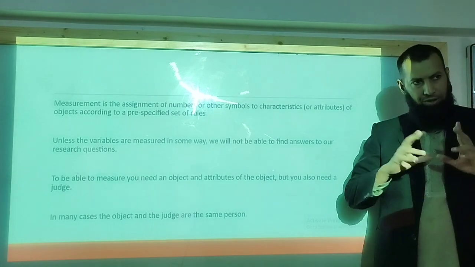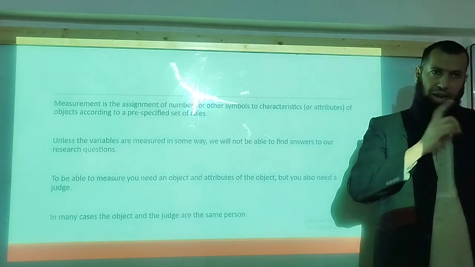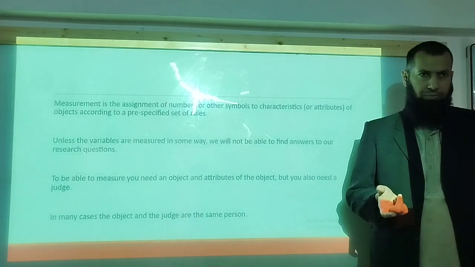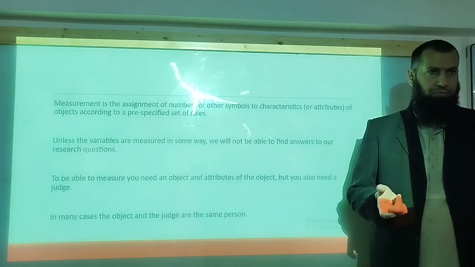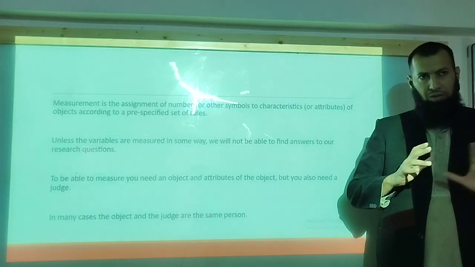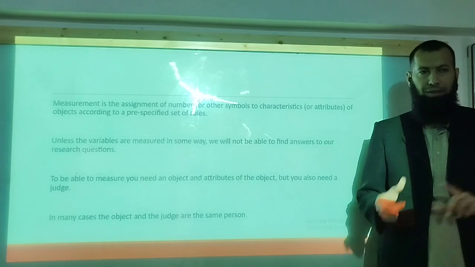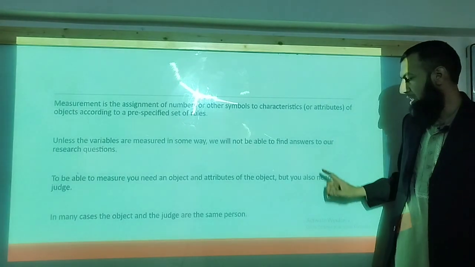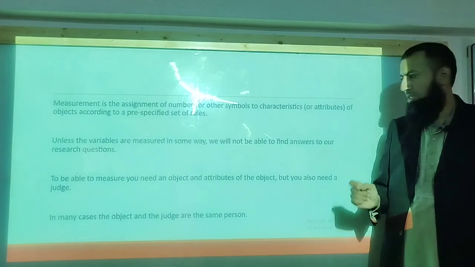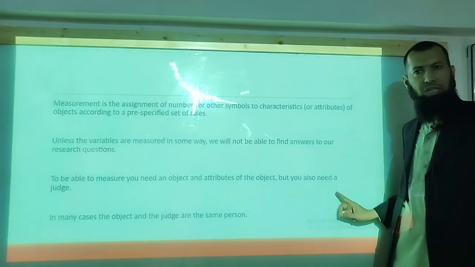And we can get an idea about the organization behavior through its people, through its culture, through its practices. These practices can be judged by the employees, or by the top management. So these are called the judge. Write it down. One is the object, the other is the attribute, and the third one is the judge.